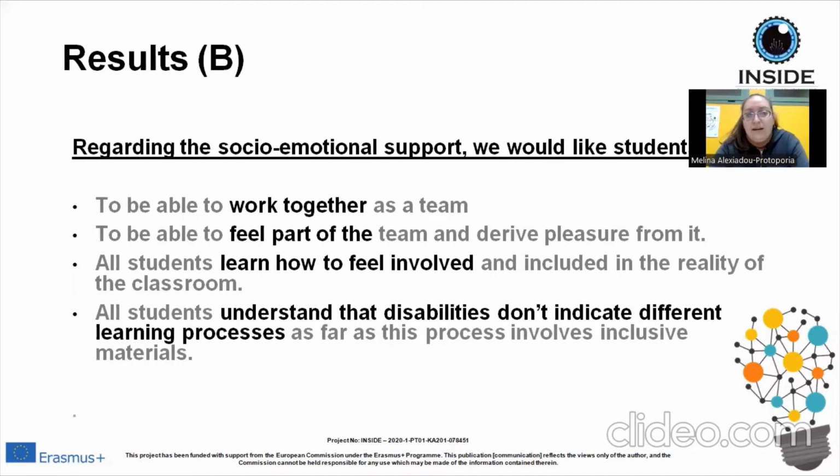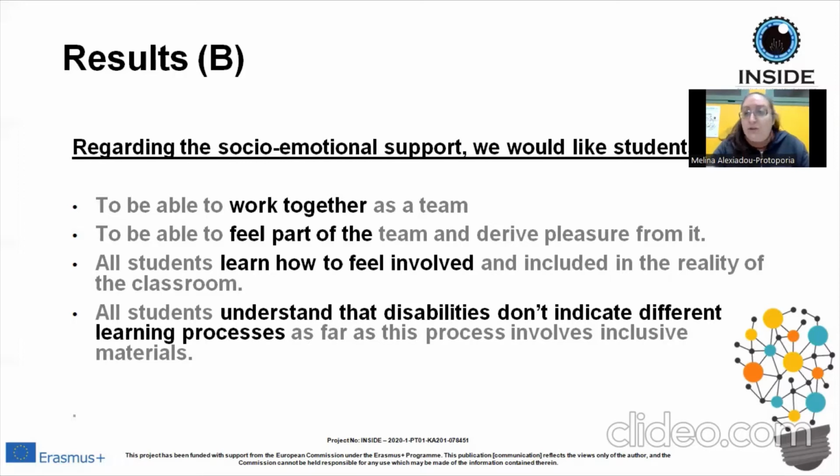The results regarding the socio-emotional sector are that the students will be able to work together, of course. We want the students that are visually impaired to feel part of the team and be a real part of the team and do what all of the students do, take measurements, and have a role in every process that the students are called to do.